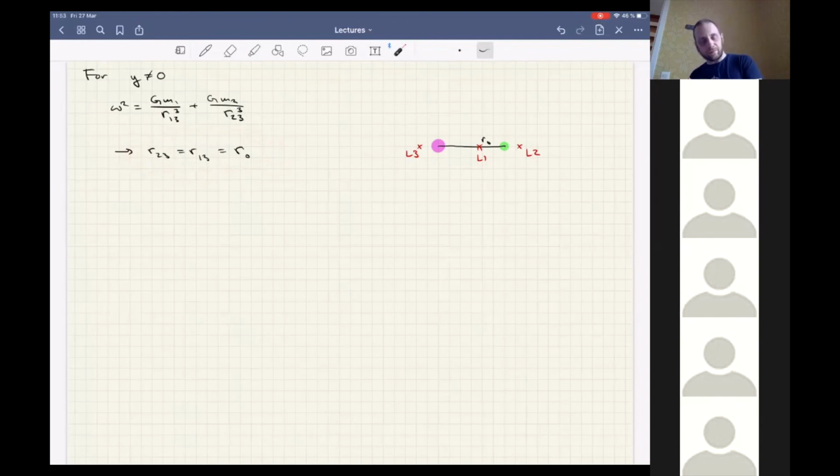So the distance between M1 and M2 being R0, we also know that the distance of the third mass, the mass moving in this potential, needs to be equal to R0, which means that if we also draw the third mass into this, these masses need to form an equilateral triangle.